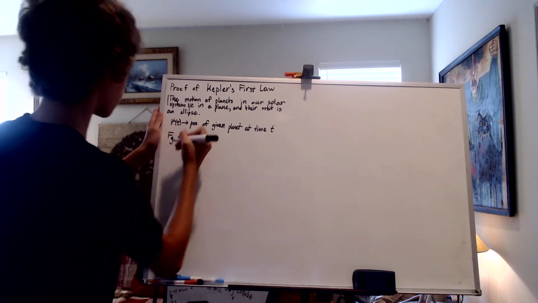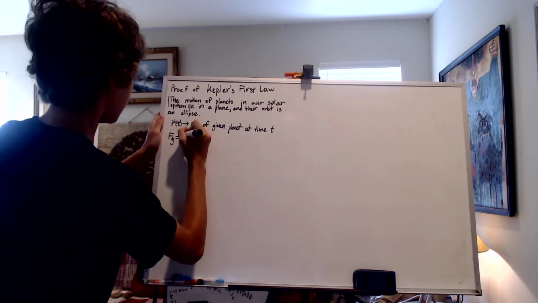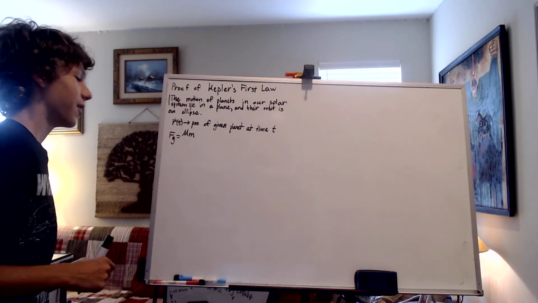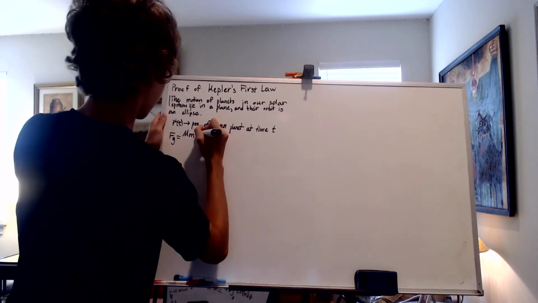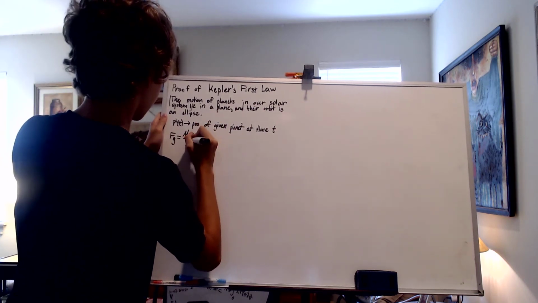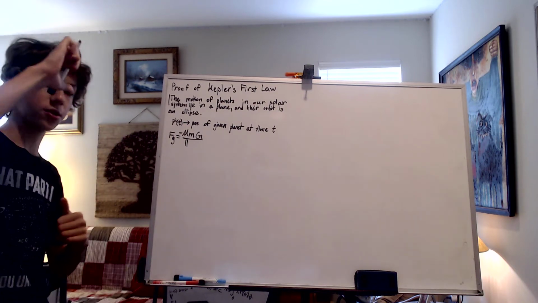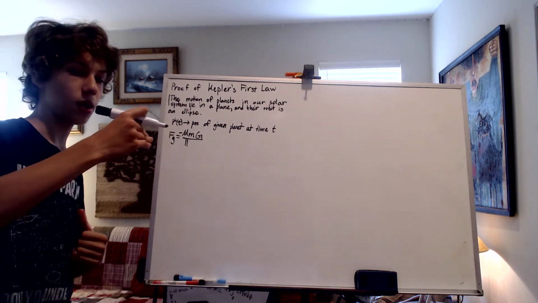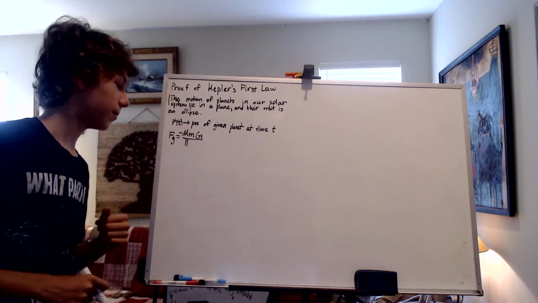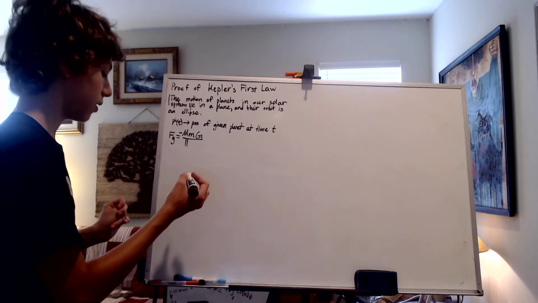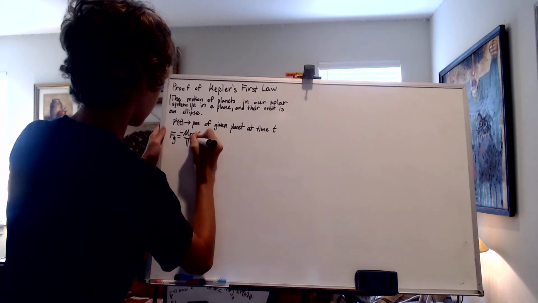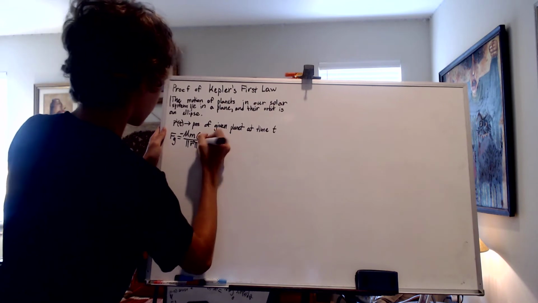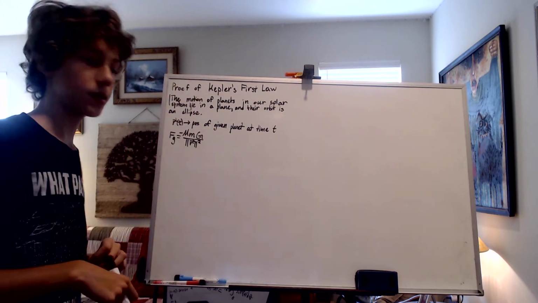By Newton's universal law of gravity, it's going to be the mass of the sun times the mass of the planet times the gravitational constant over the distance squared, with a negative sign because the gravitational force points in the opposite direction of the position vector, towards the sun. Not cubed, squared, because it's just the distance between the two bodies squared.